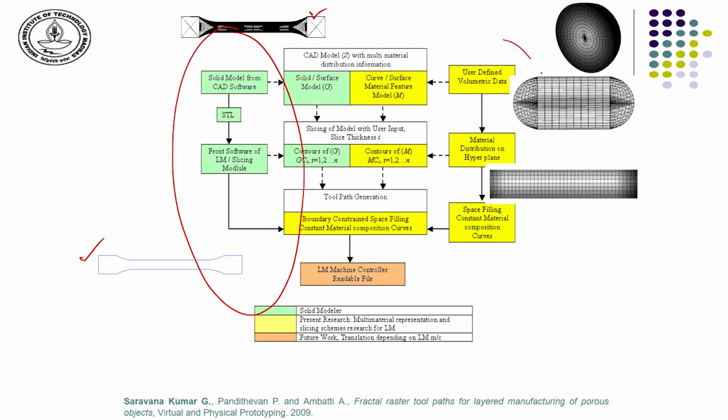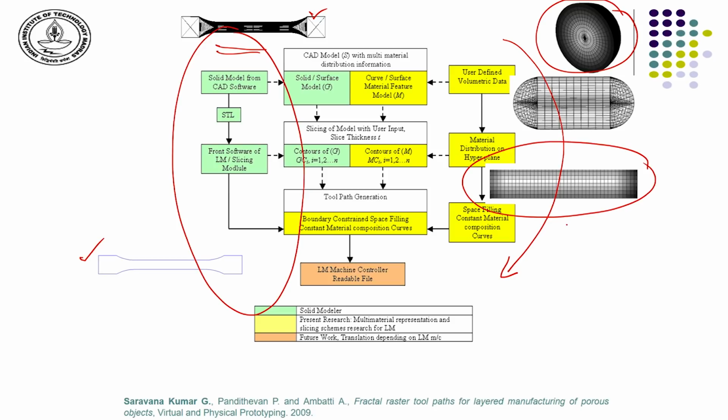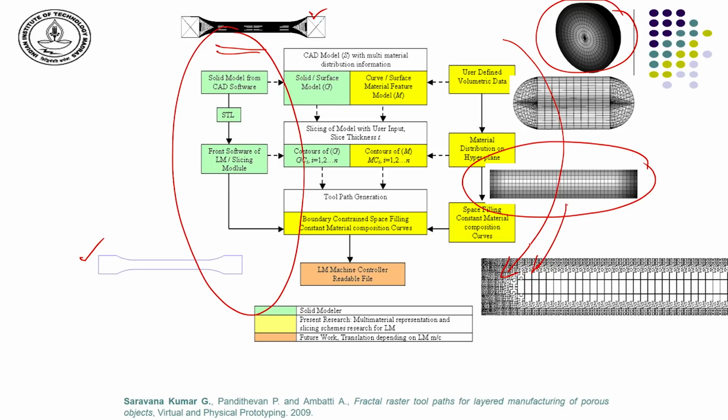In the volumetric approach, which is shown on the right side, apart from the geometric information that is being processed in the left side of the framework, we also have the volumetric distribution of the material and the corresponding layer distribution of the material, which is being translated to additive manufacturing using tool paths.